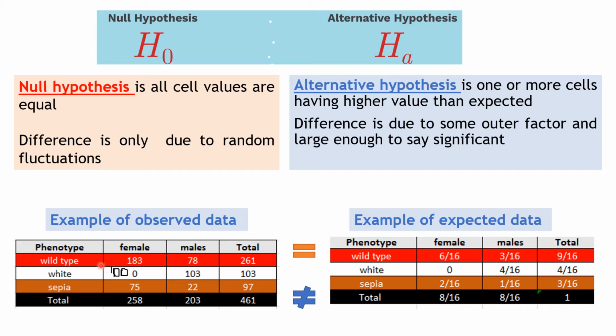Maybe the mechanism of inheritance is different to what we expected. This is what we are supposed to write in the analysis. Should we repeat the experiment, or is there definitely something wrong in the mechanism that we were proposing? Okay, so now let's go to the next slide.